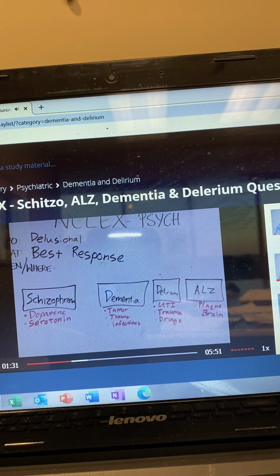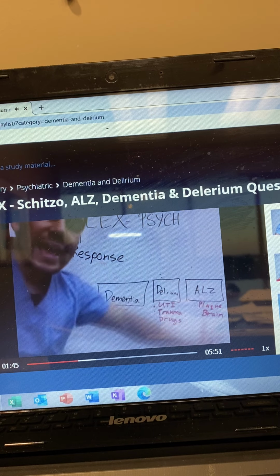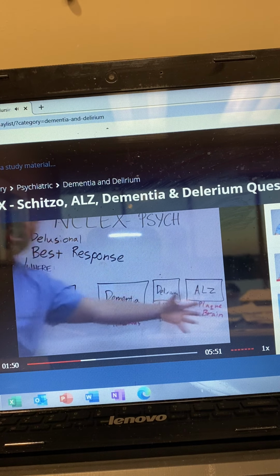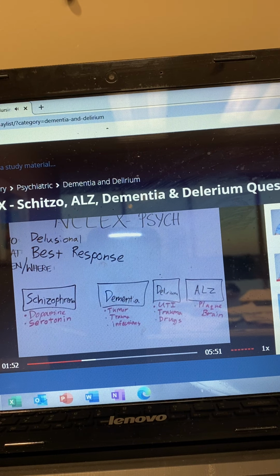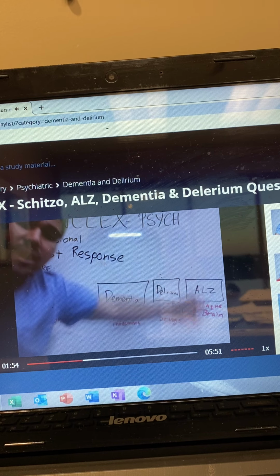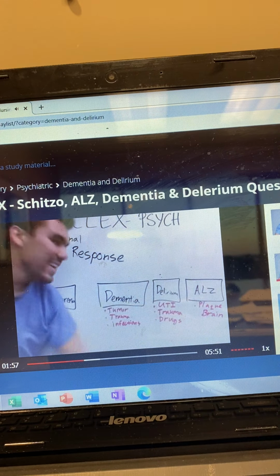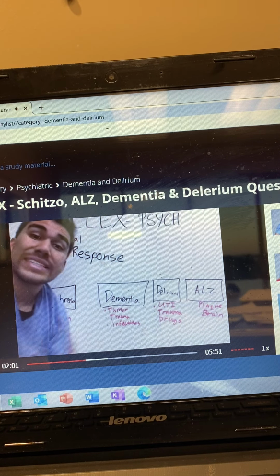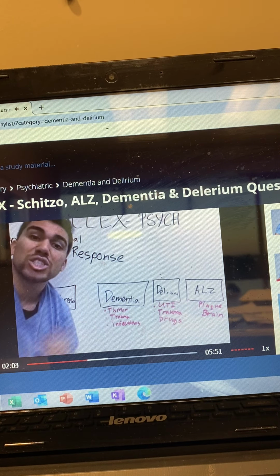So, let's go into the differences: schizophrenia, dementia, delirium, and Alzheimer's. All of these can have delusions. You can experience delusions in all of these four categories. Before I get into that, Alzheimer's, delirium, dementia, and schizophrenia all have different starting points.